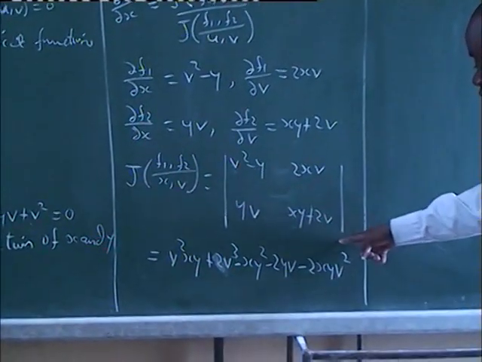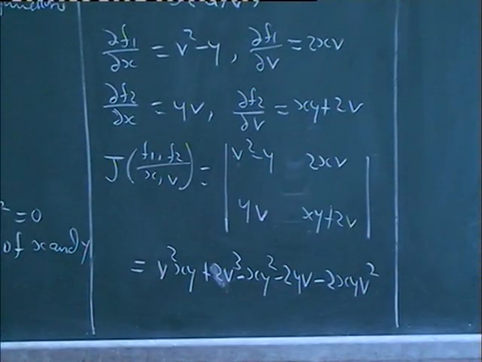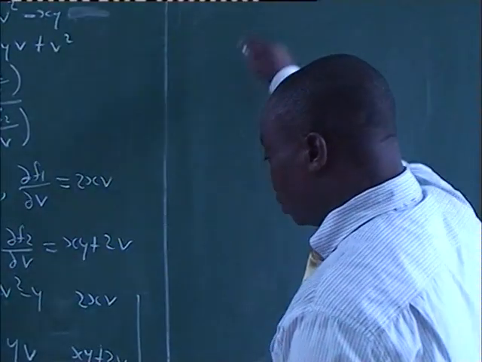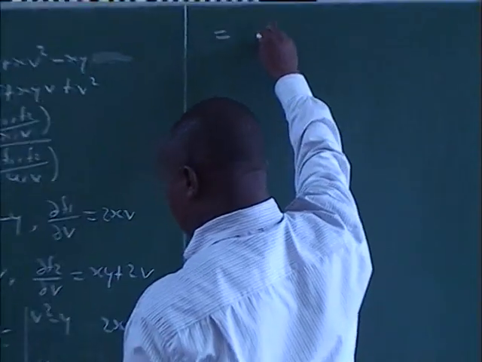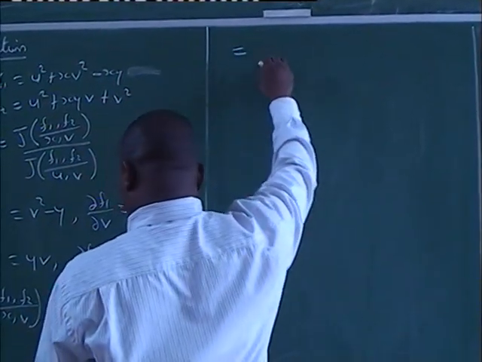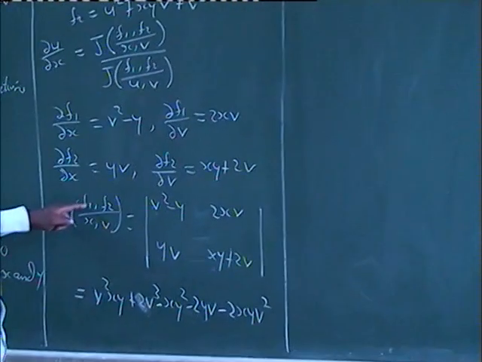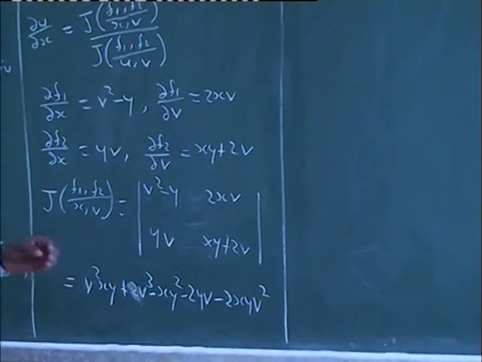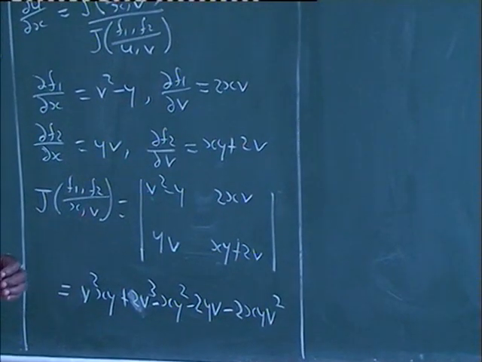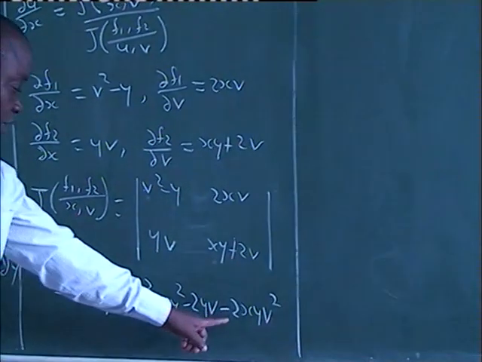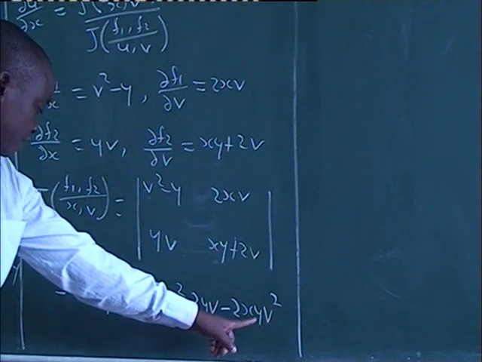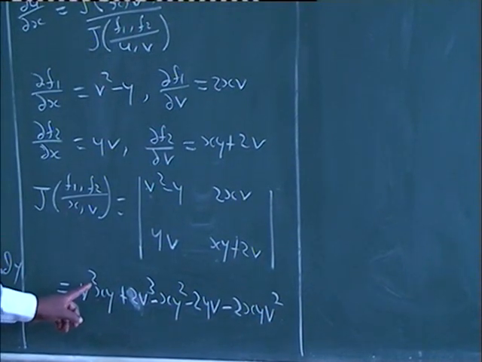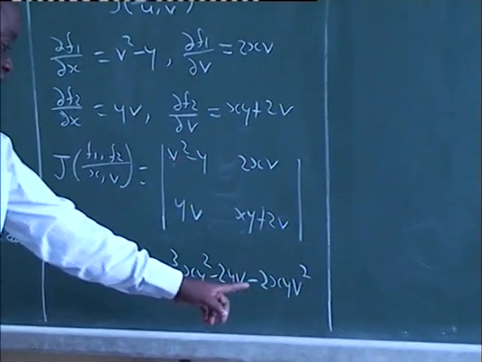We use this minus multiplication of this, which is the Jacobian of f1 f2 with respect to x and v. Okay, so the next thing we'll do is, minus 2xy v squared.